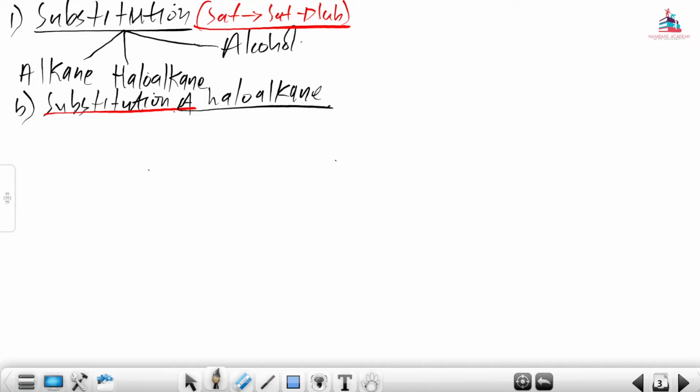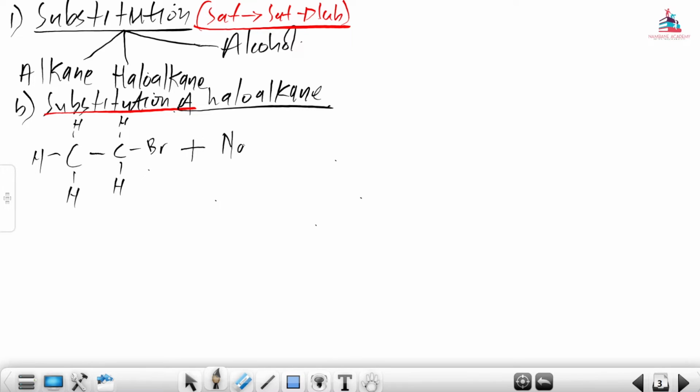For substitution of a haloalkane, there are two ways of doing it. The first way is an easier way, because we will start now with C, Br, H, and another H. But what can we do to this? We can add a base.